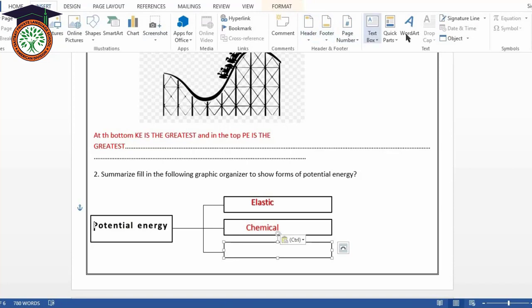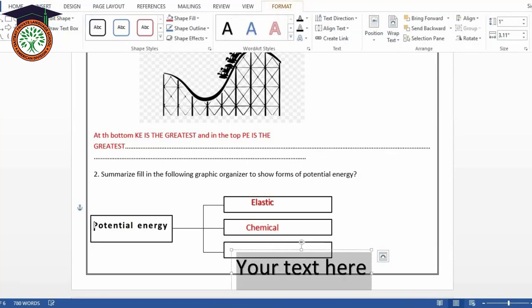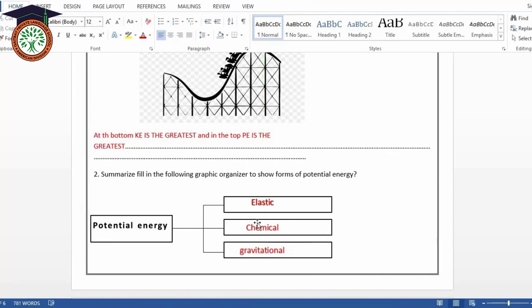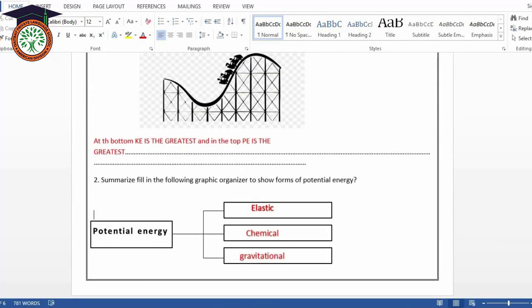I will add the chemical. Okay, then I will add the other one. We say it will be the gravitational potential energy. So this will be the third one, the gravitational.